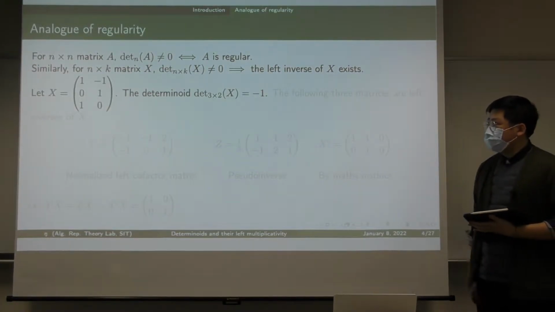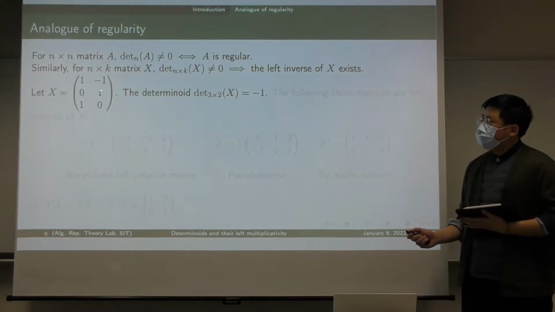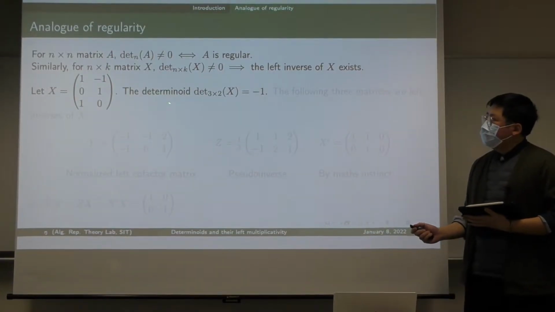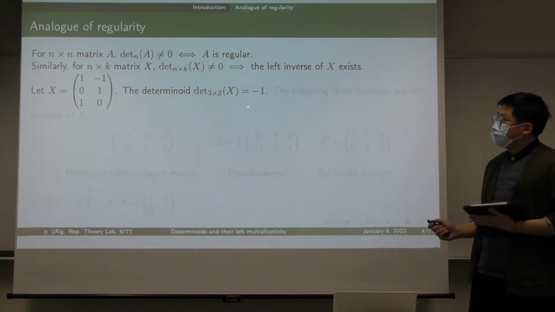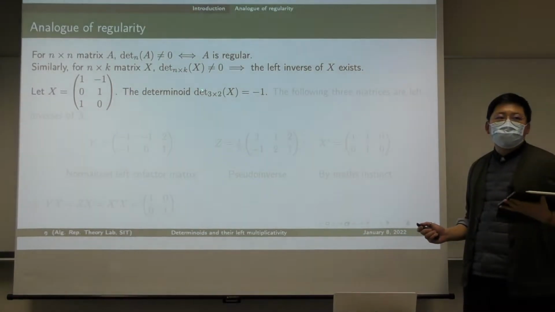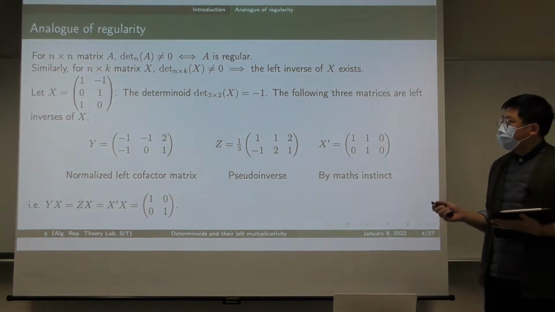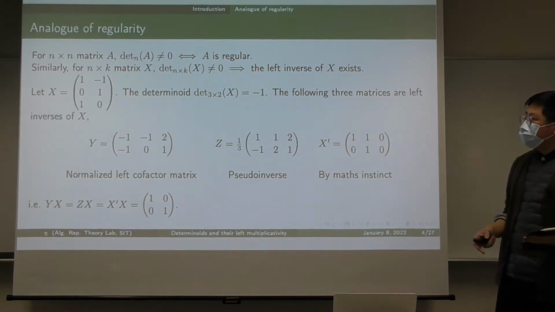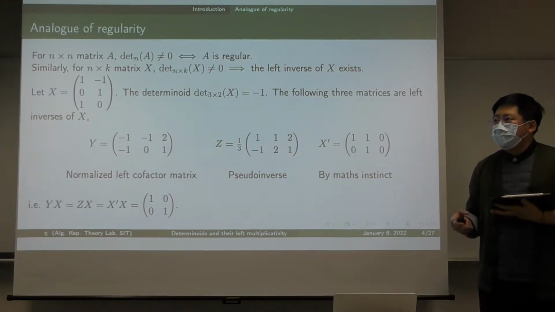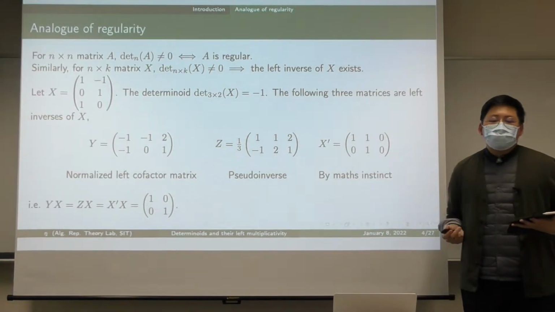Let's look at a quick example. Let X be a 3 by 2 matrix, this one, and the determinoid of X is -1. I will explain later how to compute this. And the following three matrices are left inverses of X. So the inverse of a non-square matrix is not unique.